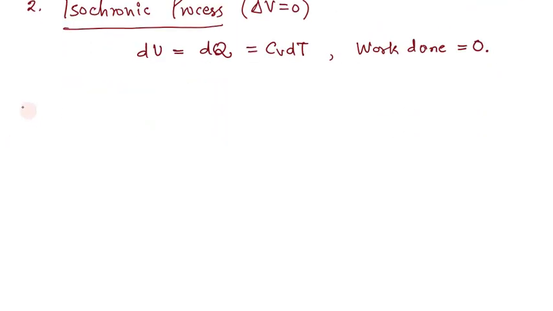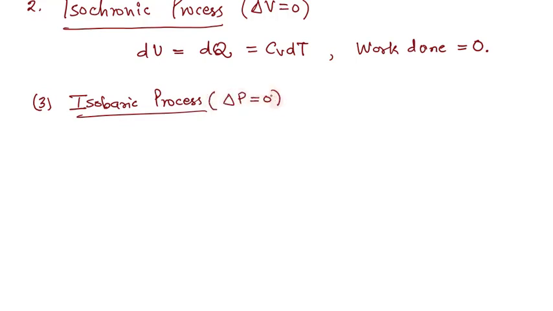Now let's talk about the next process, the isobaric process. An isobaric process is one where the change in pressure is 0 along the process. In an isochoric process, if delta V is 0, it means volume is constant, then for an ideal gas, pressure by temperature, P by T, is constant.